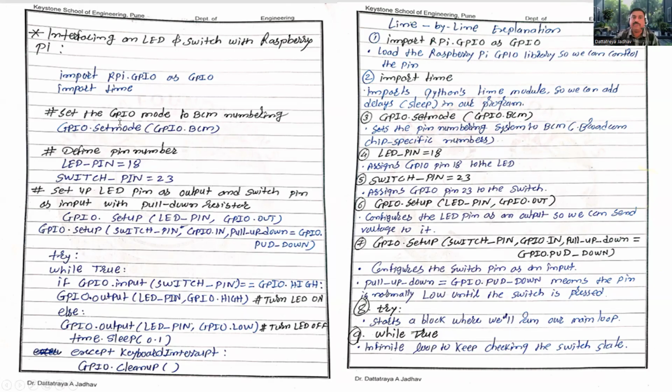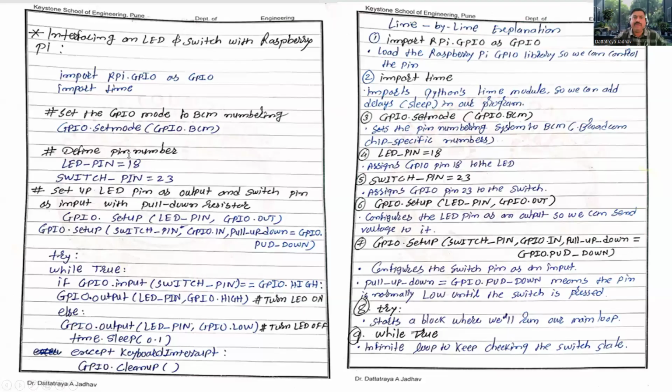Then we set the GPIO mode to BCM numbering, and assign the Broadcom pin numbers. We use GPIO.setmode(GPIO.BCM), which helps assign the pins of your Raspberry Pi or Broadcom to a respective LED or switch.